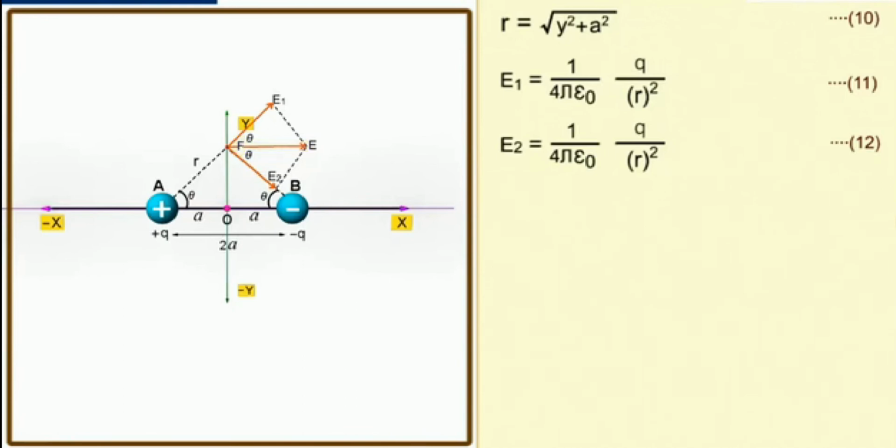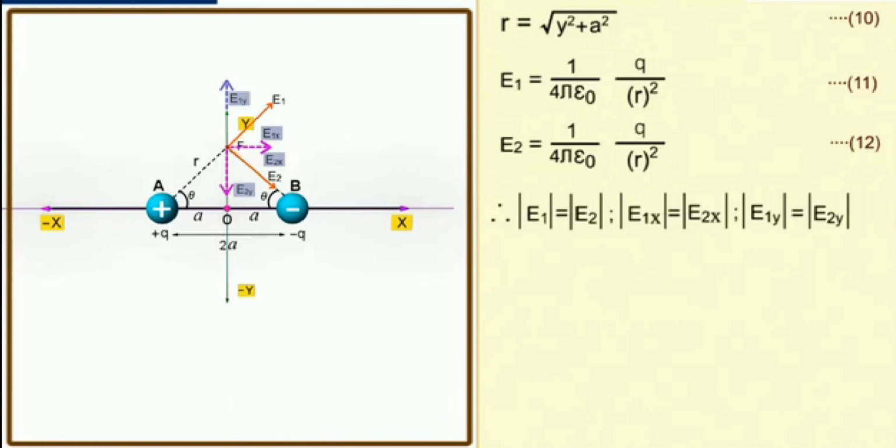Let us consider the components of E1 and E2 along the x and y axes to find the magnitude of the resultant electric field at the point F. The components of the electric field E1 along the x and y axes are E1x and E1y respectively as shown. And the components of E2 along the x and y axes are E2x and E2y respectively as shown.